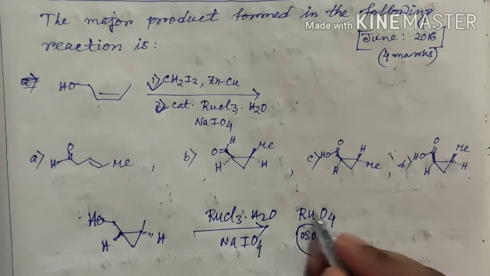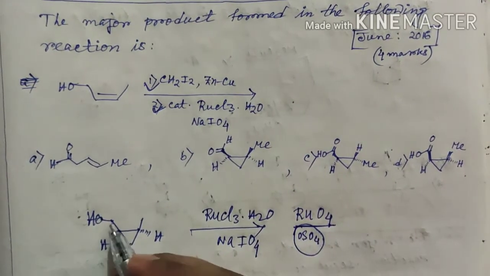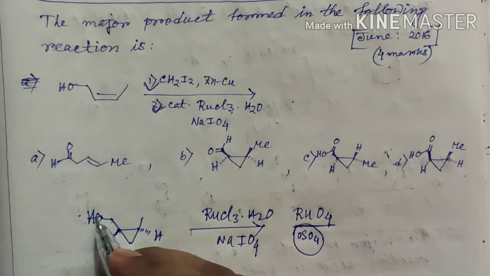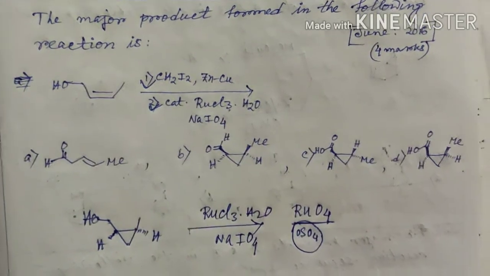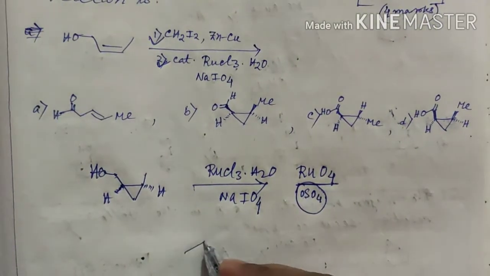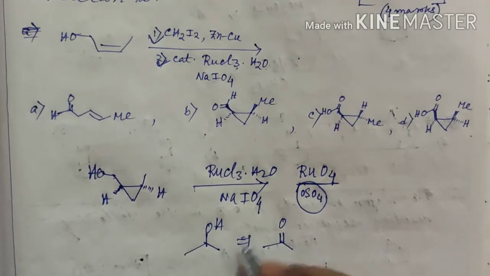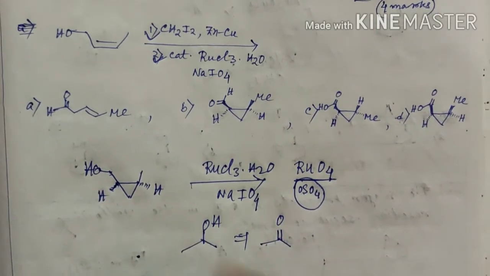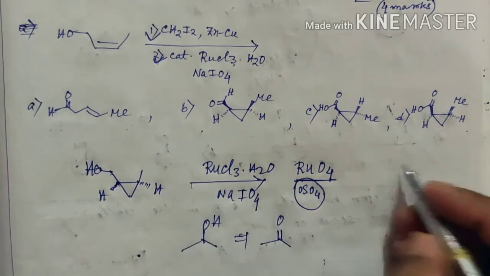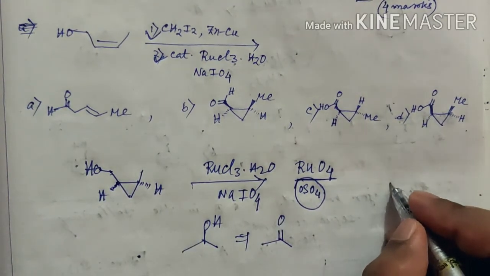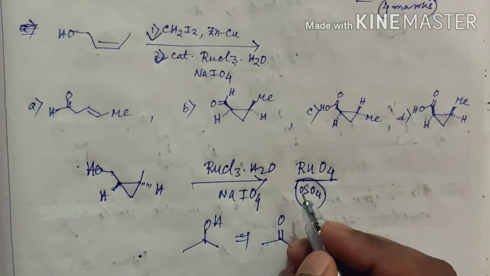Such a ruthenium tetroxide species will oxidize a primary alcohol to its corresponding acid, and if there is any secondary alcohol, then it will oxidize the secondary alcohol to its corresponding keto compound. In this case it will oxidize the primary alcohol directly to its corresponding acid, and the reaction will not stop at the aldehyde stage.